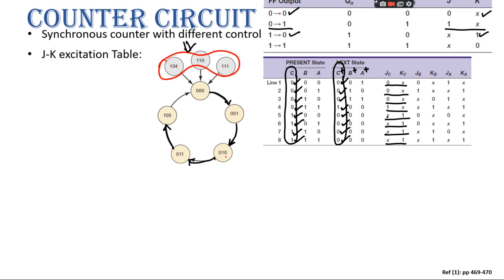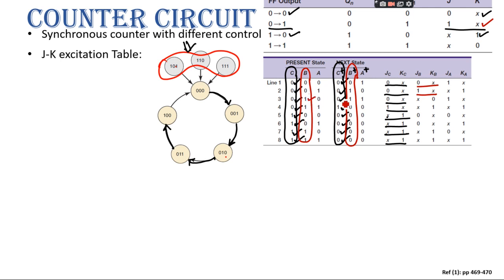Yes, sir. Then we need to compare B with B plus. B 0 0 means 0 and don't care. 0 1 means 1 and don't care.